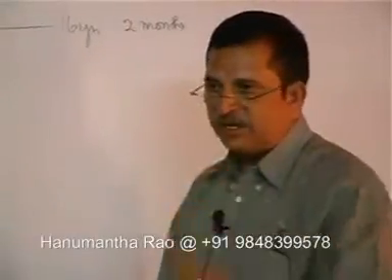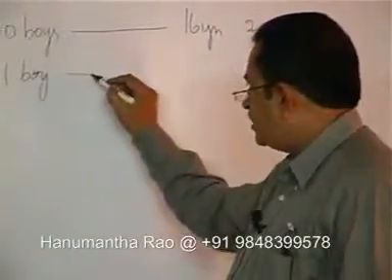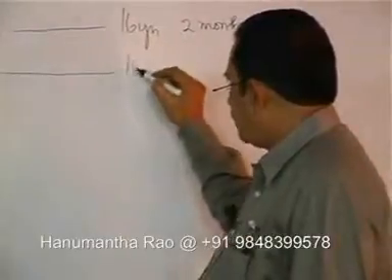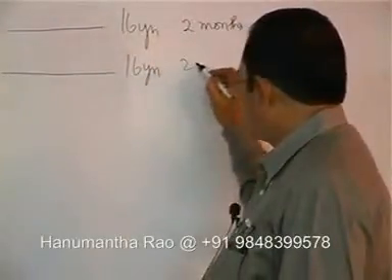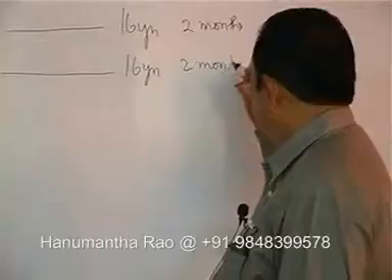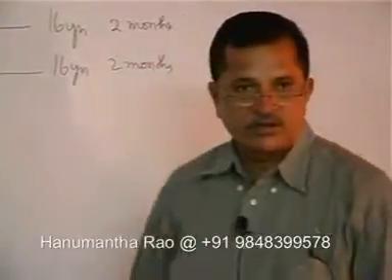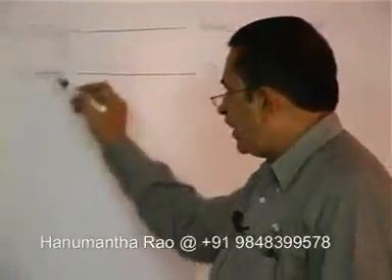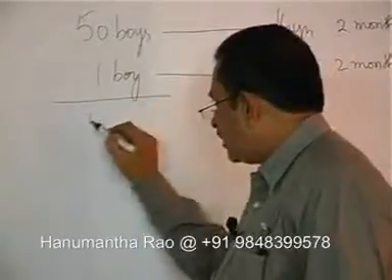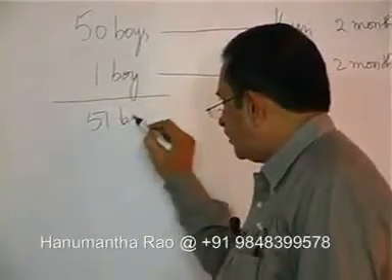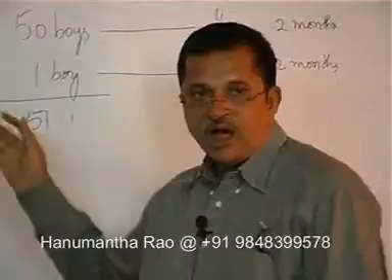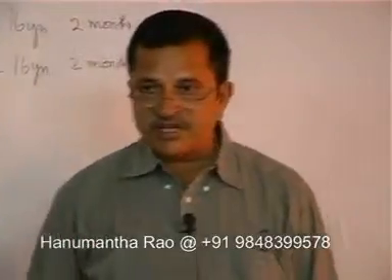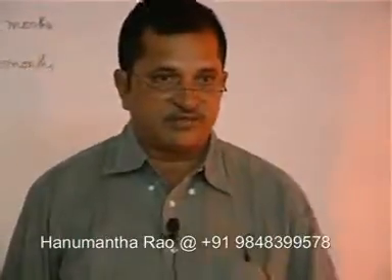What I am thinking is, the age of the new boy is also 16 years 2 months, I assume. But by the admission of the new boy, totally how many became there? 51. All the 51 members' age was reduced by 1 month.